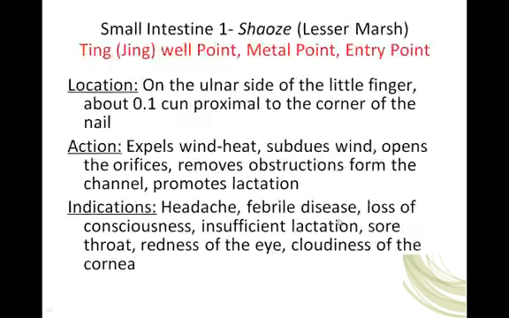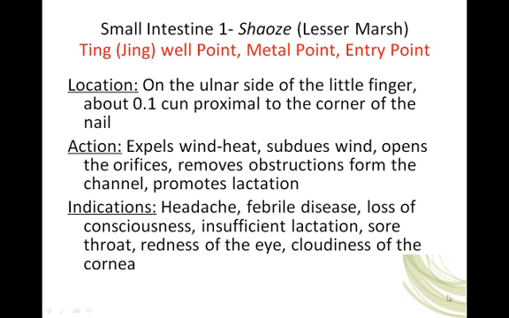Small intestine 1, Shaoze, lesser marsh. This is our Jing well point, metal point, and entry point on the small intestine channel of hand Taiyang. It's on the ulnar side of the little finger, about 1/10 of a cun proximal to the corner of the nail.